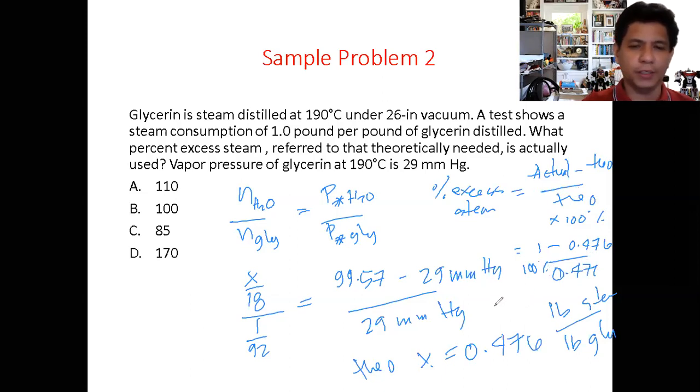So you're supposed to get 110%, and that would be letter A.